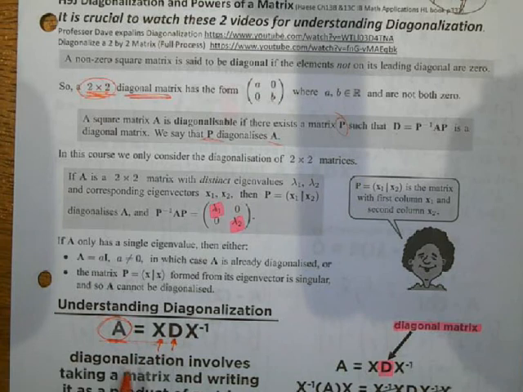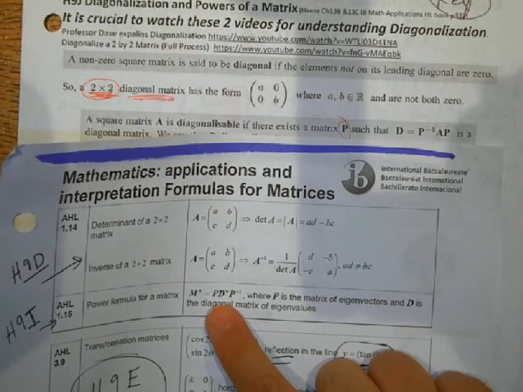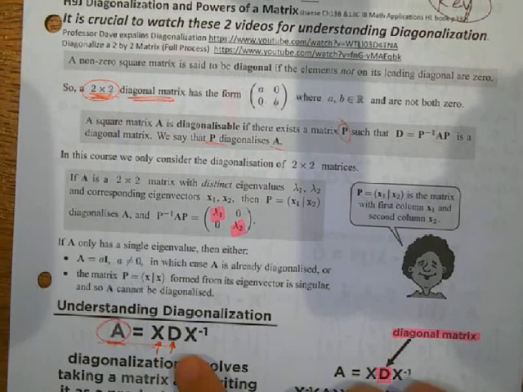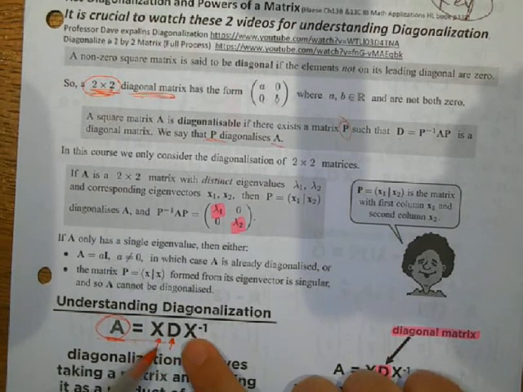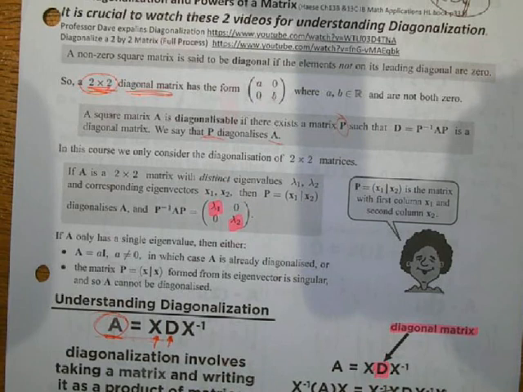Now, in the formula packet, they don't use the letter X here. They use the letter P here. So I want you to be aware, I'm going to be sometimes going back and forth between the letter P and the letter X. In Professor Dave's Explains video, he uses a capital X here, and I'm going to use that a little bit too.